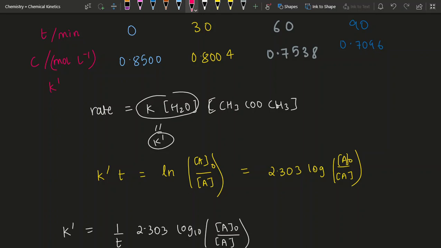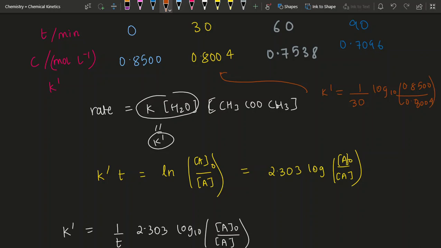For example, at t equals 0, you can't figure out anything, so let's just leave that for now. At t equals 30, let's do the math here. The k dash is equal to 1 over 30 times natural log of a naught here, which is 0.8500, over 0.8004.